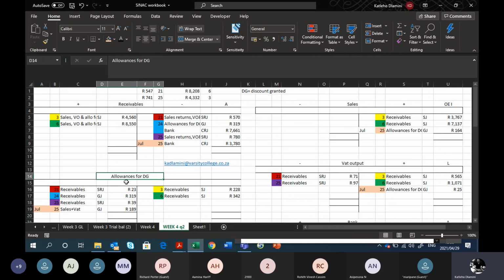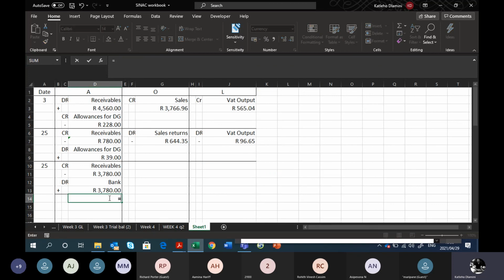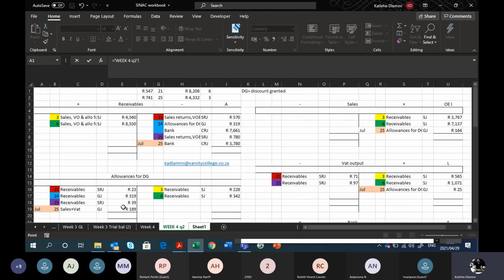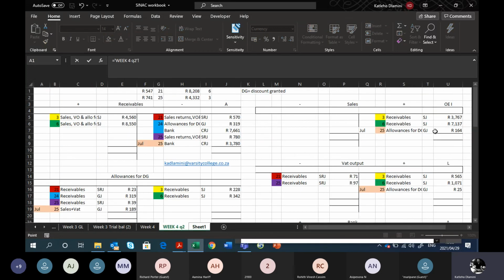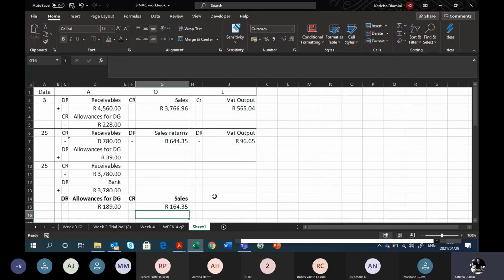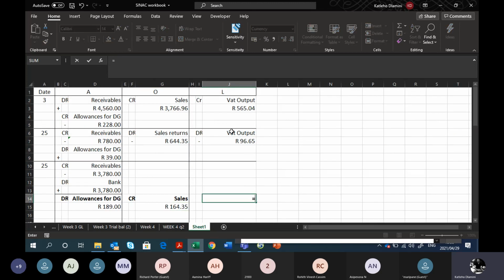Okay, so your allowance for settlement discount granted is being debited over here. So I'm just going to grab this. Allowance for settlement discount granted is being debited for the amount of 189 Rand. Okay. Then your sales is being credited because you're increasing our sales with that exclusive amount of 164 Rand, and then our VAT output, if I'm not mistaken.